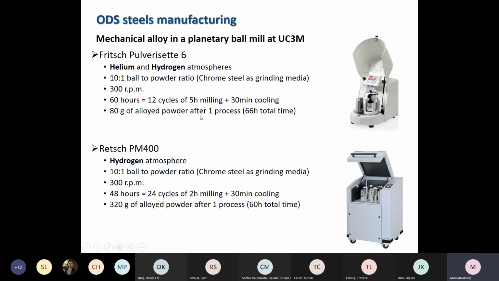But once you know the process on the small scale, we jumped to a more developed alloying machine with 4 vessels, which could optimize our time by 4, because in a total time of 60 hours we could obtain 320 grams. It's still laboratory scale, okay, but at that scale we can improve quite a lot.